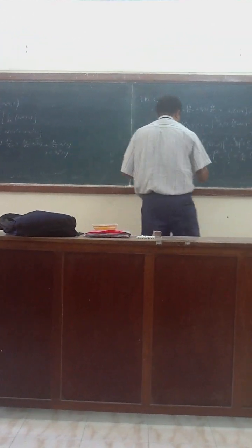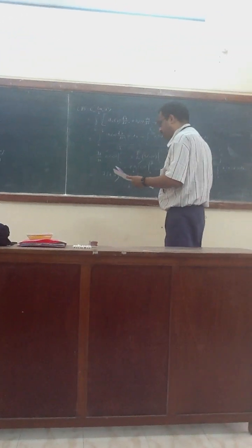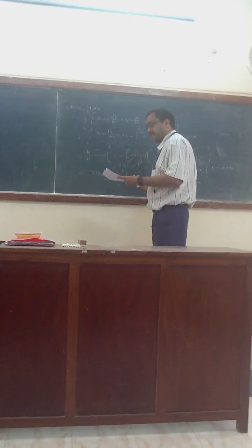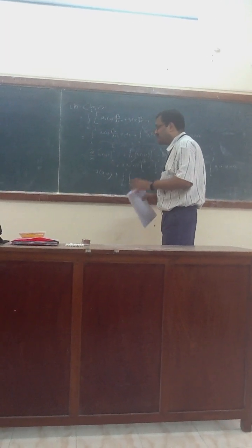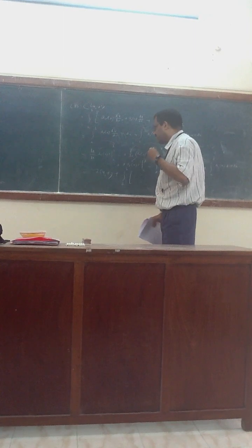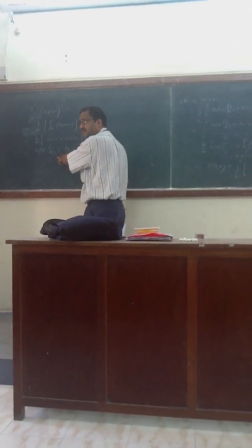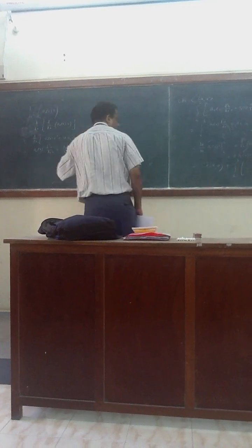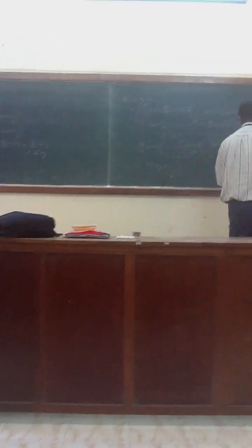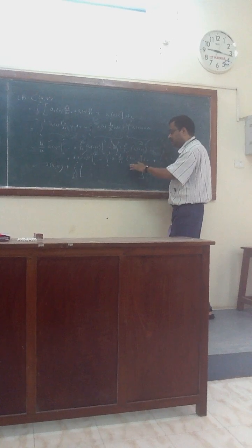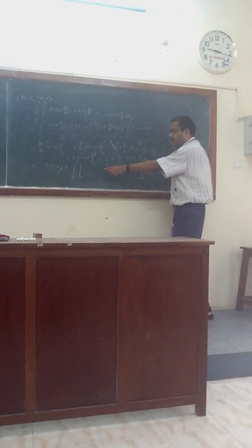First write the higher order derivative. The first term is a0(x) d²b/dx². We have done this one, right? This opened up 4 terms, this opened up 2 terms. We have to combine and give the answer here.